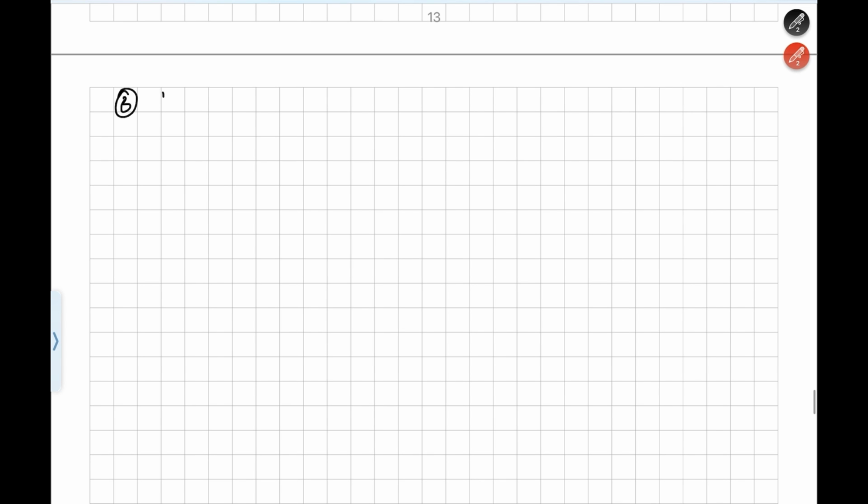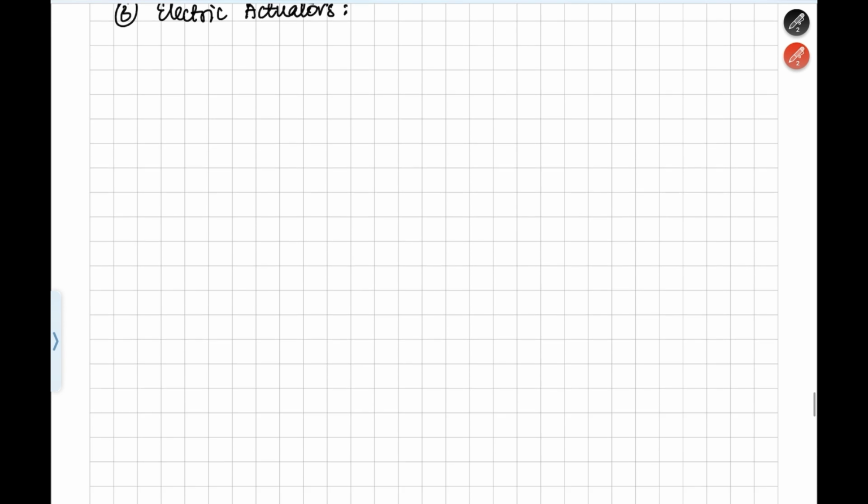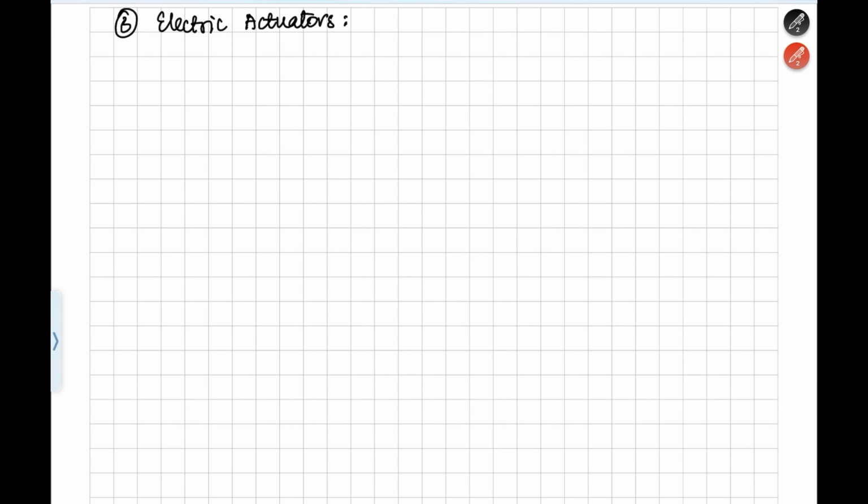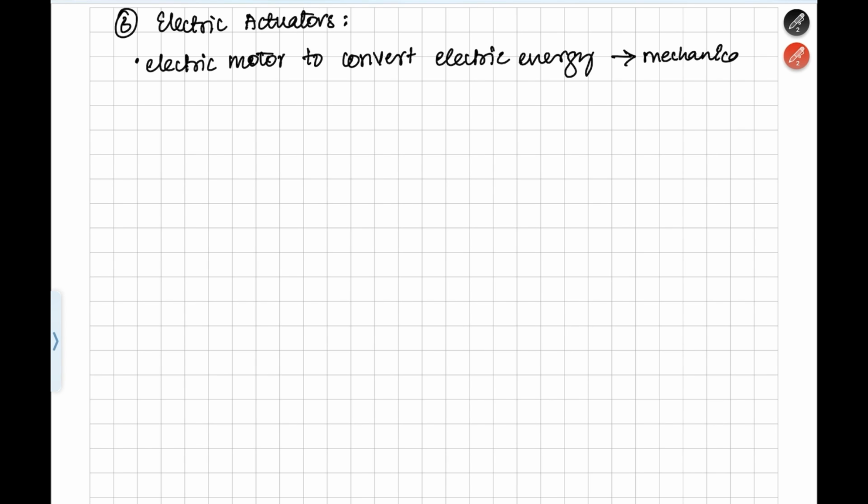Next we have the electric actuators. The working principle of electrical actuators is that they make use of electrical motors to convert electrical energy into mechanical motion.